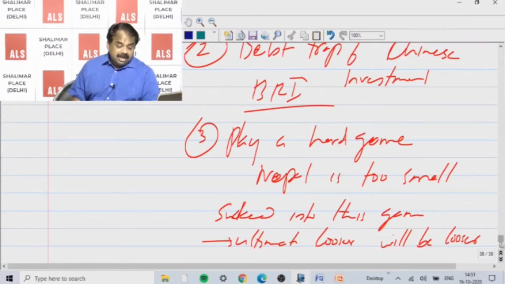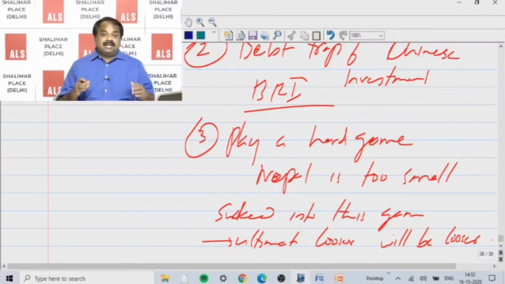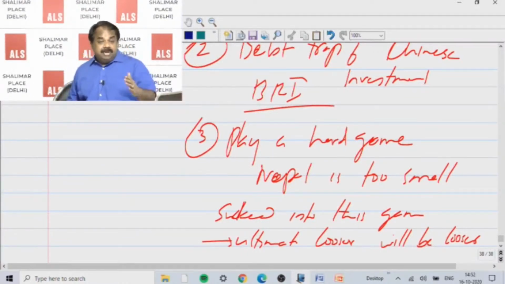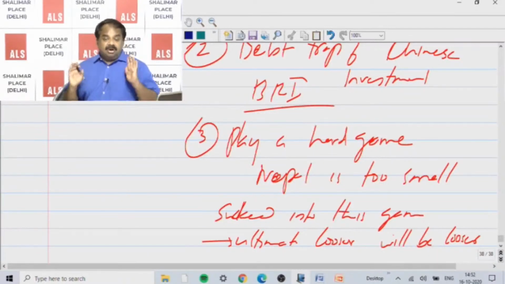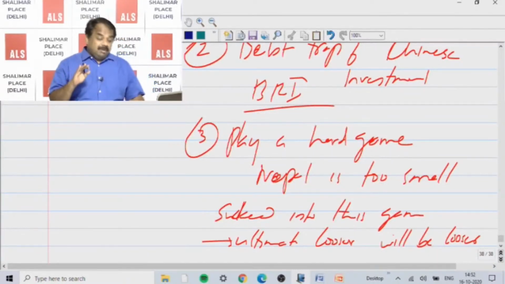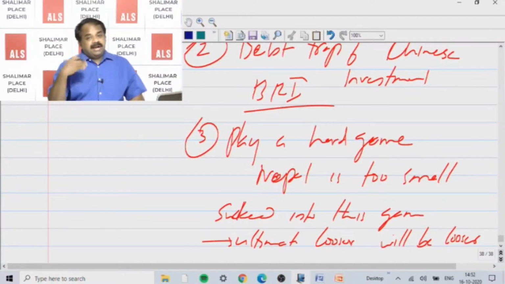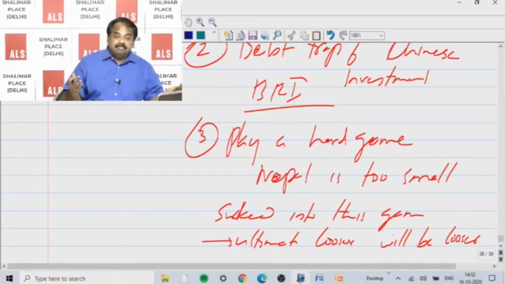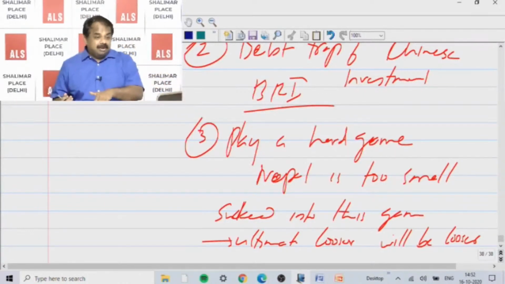It's something like trying to be a mediator in between, trying to take advantage from both sides. There is a limit for that. So it's always better for Nepal to keep away from this geopolitics. That is always beneficial for Nepal. In the long run, because India and China are too big for them, we will find our own way. And if Nepal starts playing this game, Nepal is not reliable.